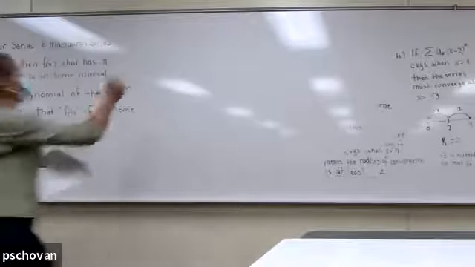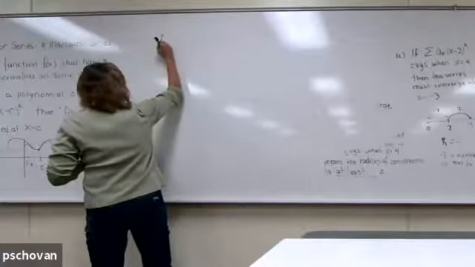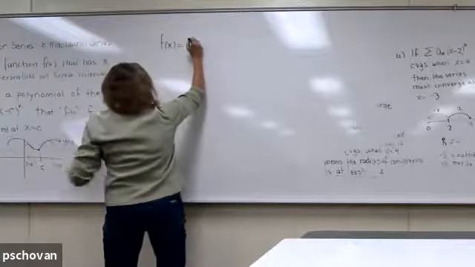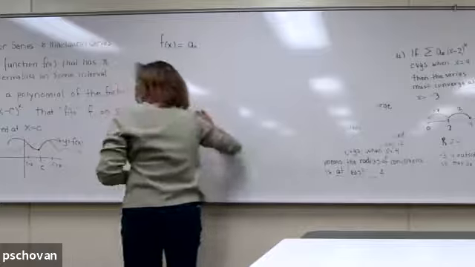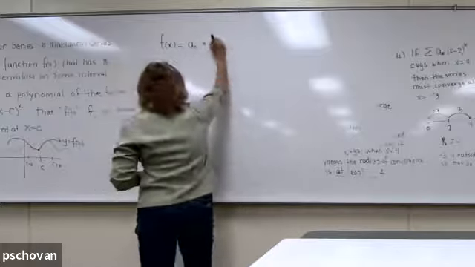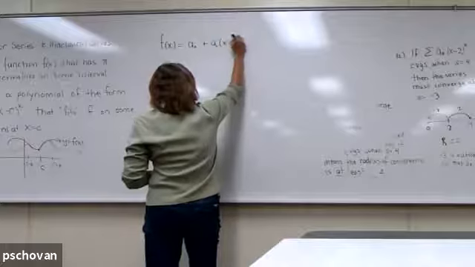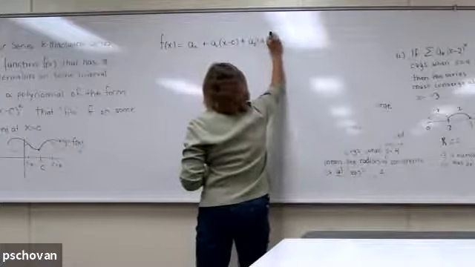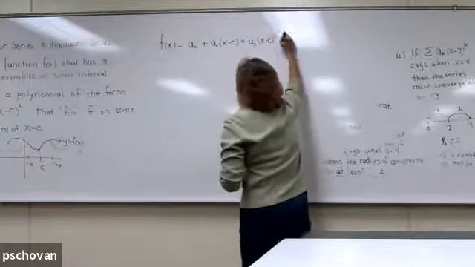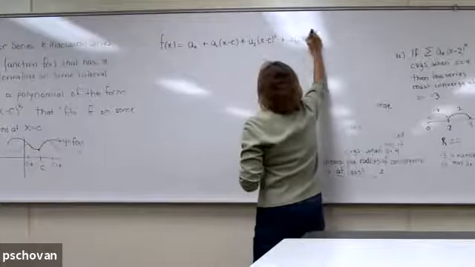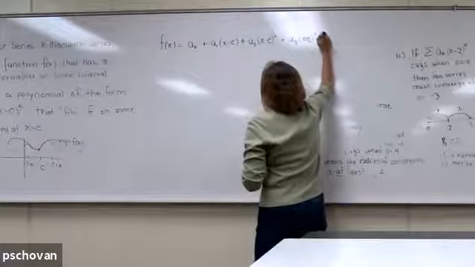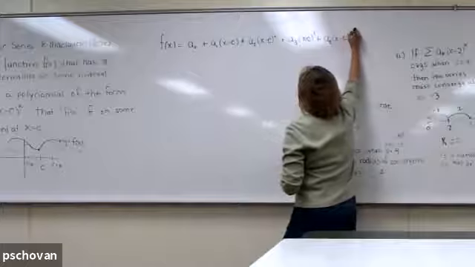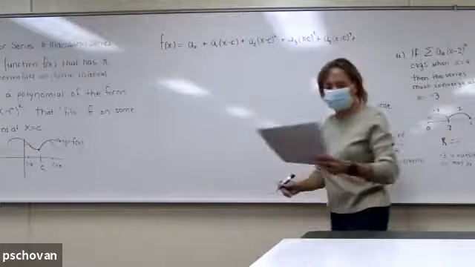So that's what we're going to do. I'm going to write it out. We're going to find this polynomial so that f of x equals, starting at k equal to 0, a0 (x minus c)^0, plus a1 (x minus c)^1, plus a2 (x minus c) squared, plus a3 (x minus c) cubed, plus a4 (x minus c) to the 4th, and so on.